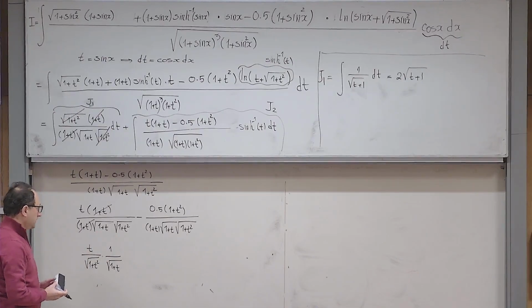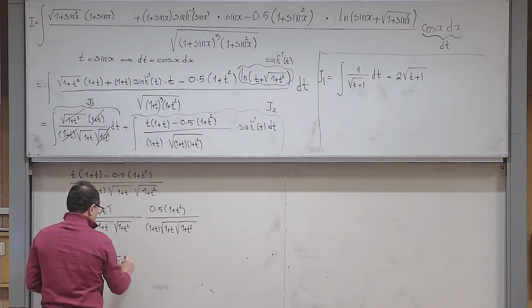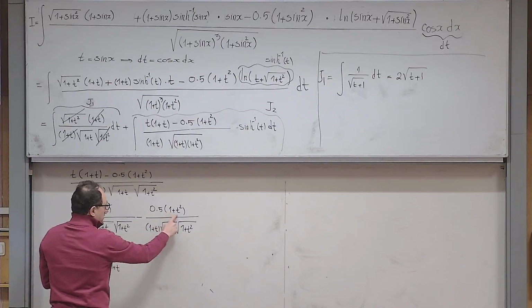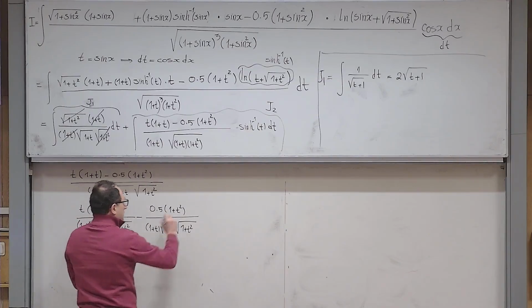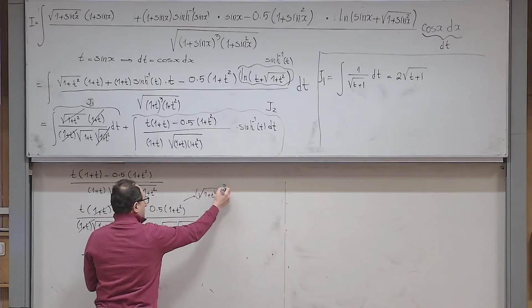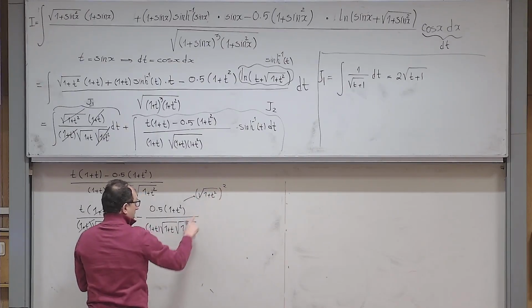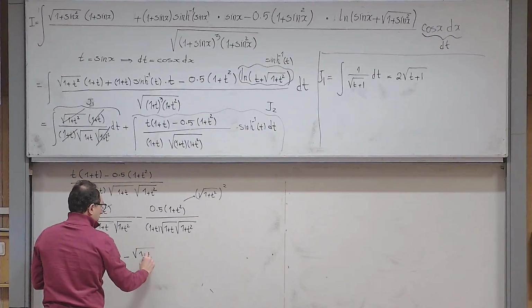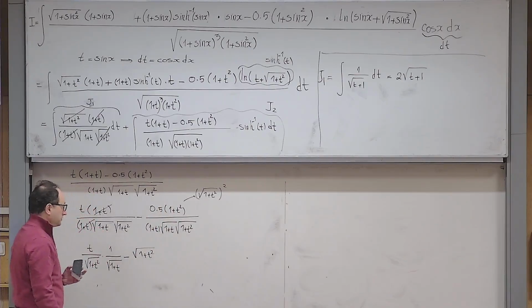That's correct. And here, 1 plus t squared can be viewed as square root of 1 plus t squared to the power of 2. So one of them and this one is cancelled. One square root of 1 plus t squared will be left for me in the numerator.